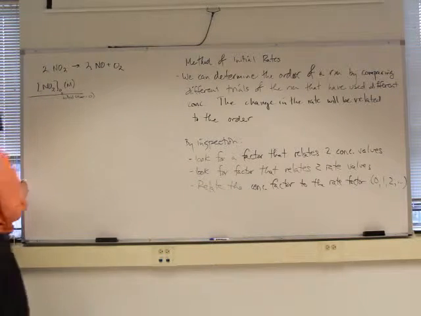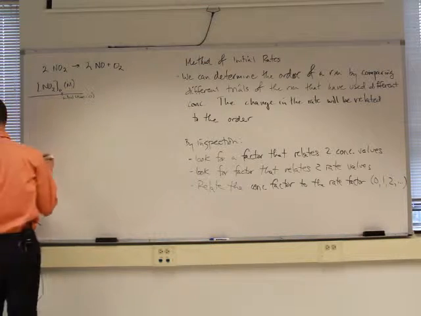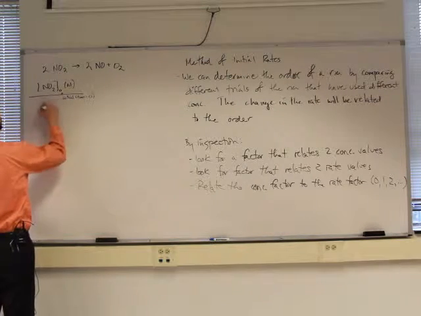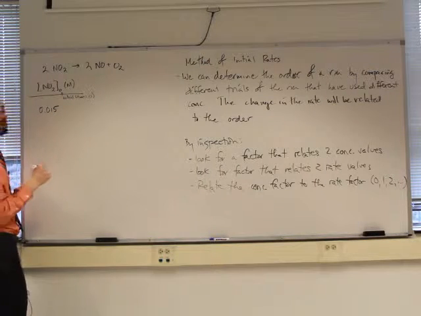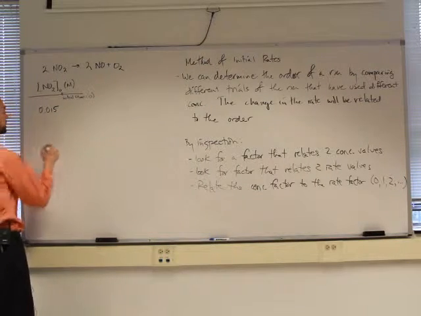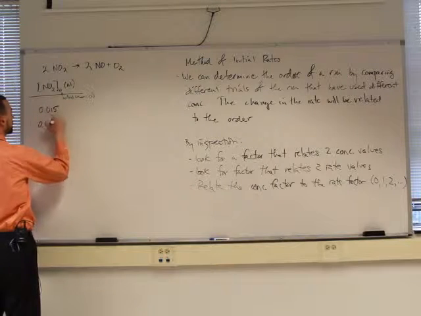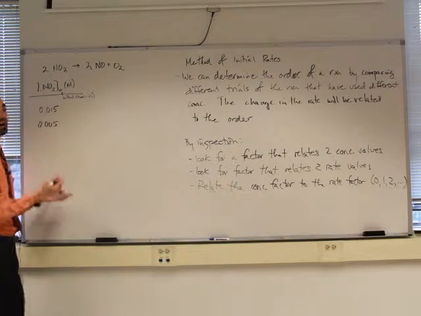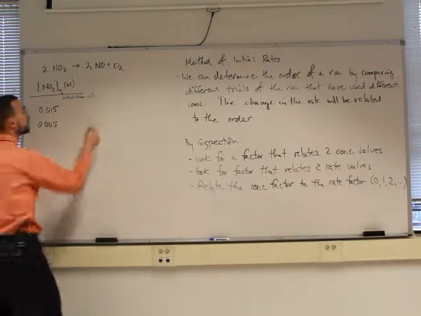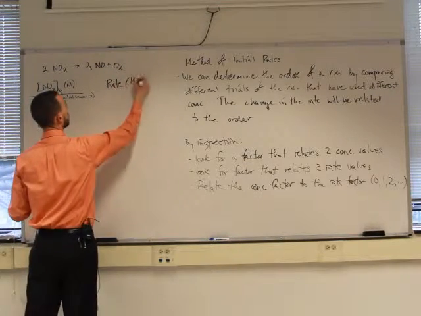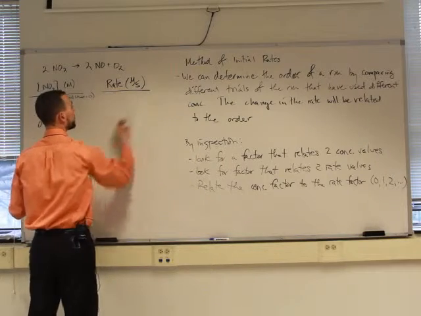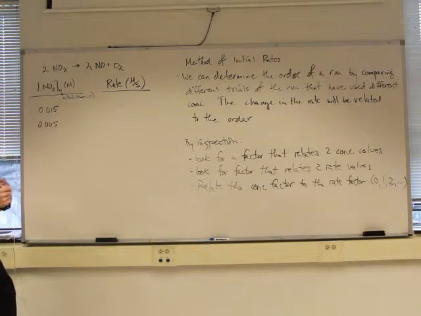Okay? So maybe I tried this reaction 2 times. In the first trial, I used 0.015 molar nitrogen dioxide, and in the second trial, I used 0.005 molar. So that was my independent variable. And then what I observed, the dependent variable, is the rate of this reaction.